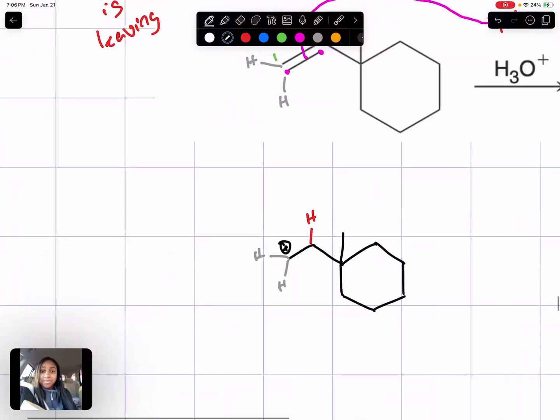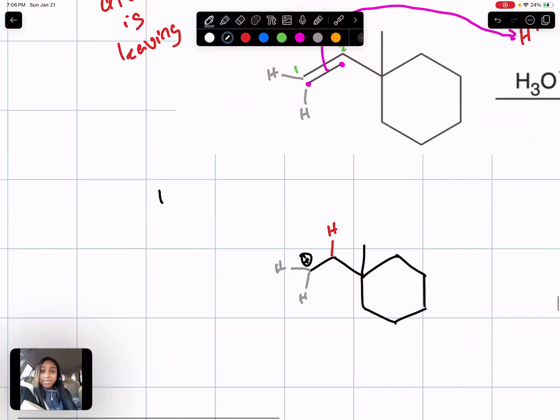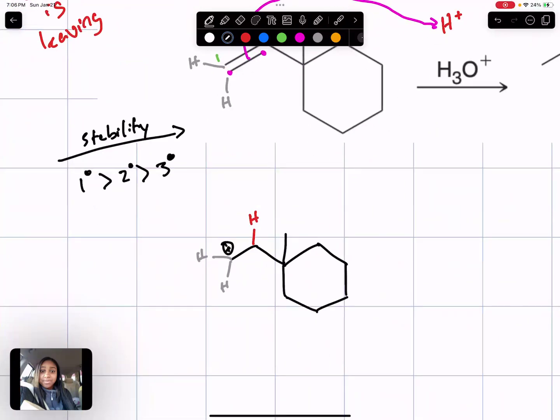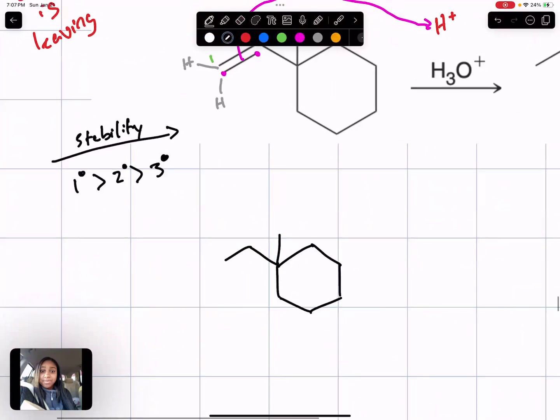Think about it. We talked about primary, secondary, tertiary carbocations. Remember instability. We don't want to make a primary carbocation, right? So it won't add at carbon number 2. It adds at carbon number 1. So let's fix this. Okay, fixing.